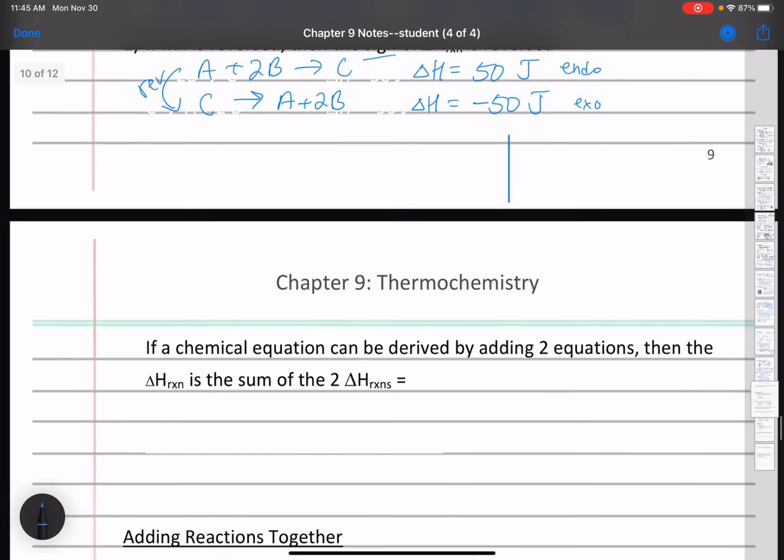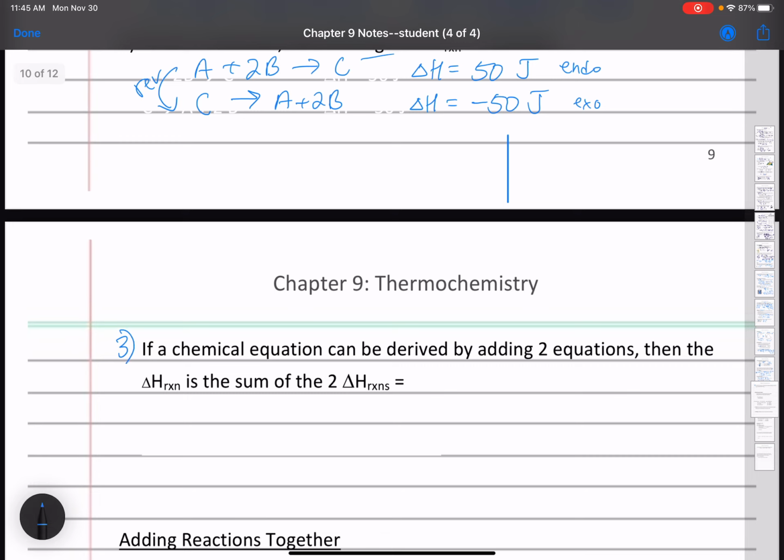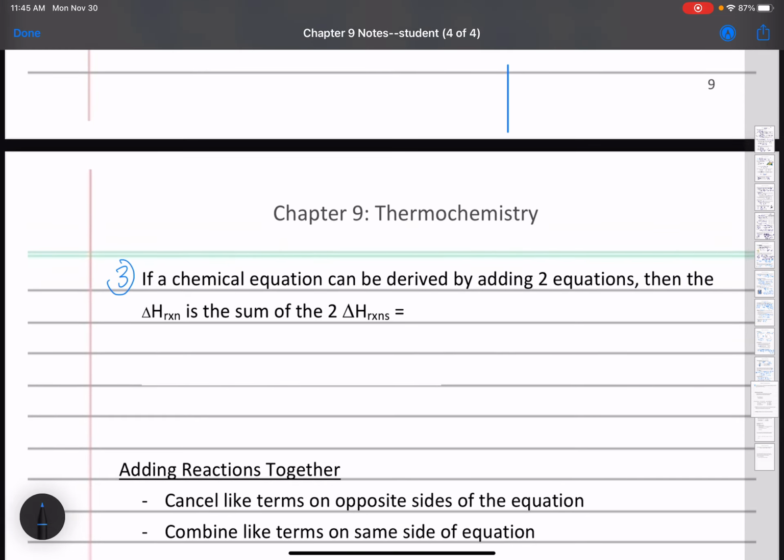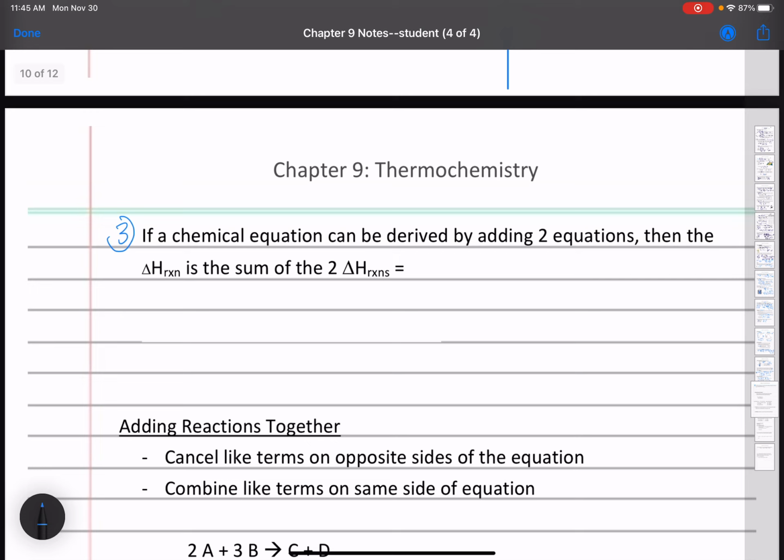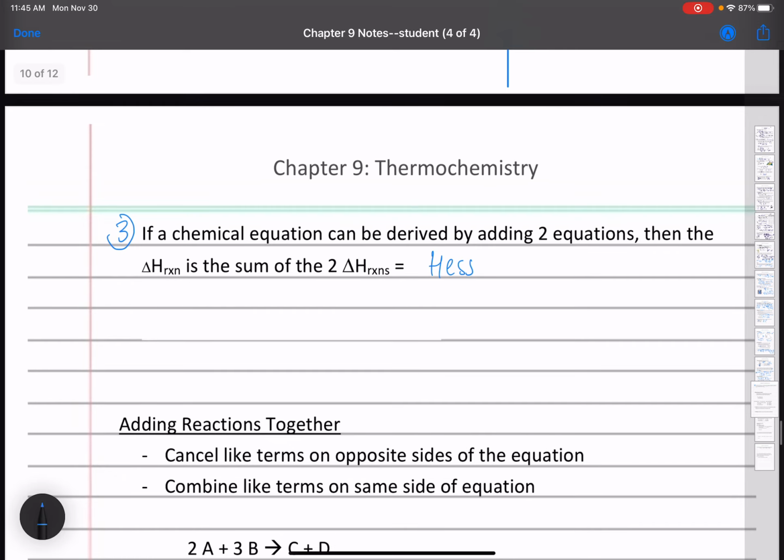The third rule, rule 3, is that if a chemical equation can be derived by adding two equations, then the heat of the reaction is the sum of the two heats of the reactions. And this rule was made by a man named Dr. Hess, so it's called Hess's law. And so let's do an example of this.